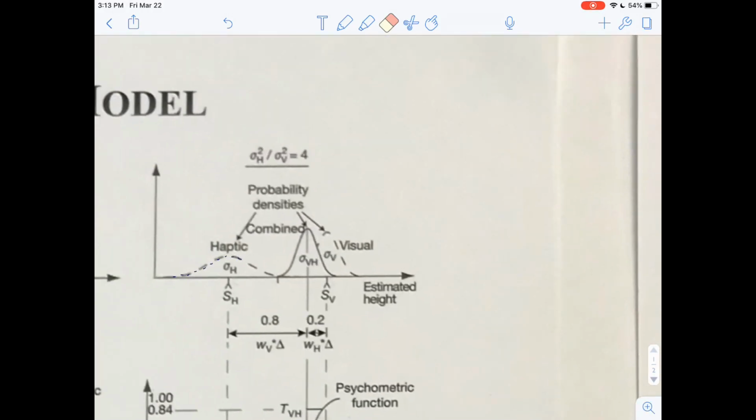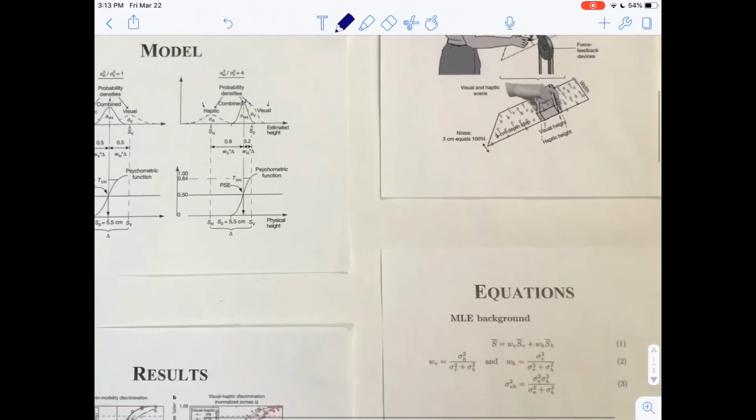So here's a sample of how MLE looks. If this is your haptic or touch belief, modeled by a Gaussian, and this is your visual or seeing belief, modeled by another Gaussian, the combined Gaussian can be given by the MLE equations, which are here.